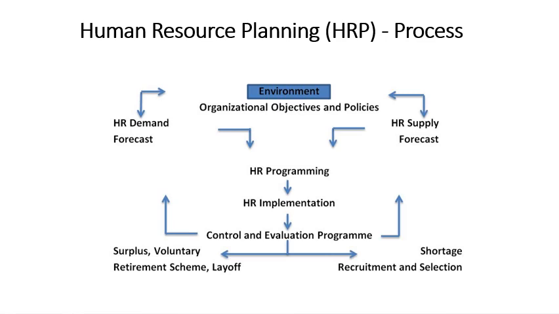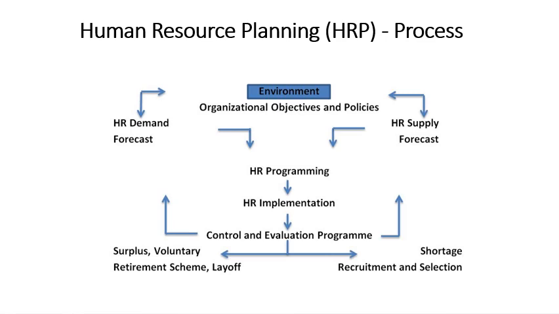What will the company do? The company will train its existing manpower for the new technology. So this is also one plan, that is the retraining plan. These are the different kinds of plans that will be decided in HR programming on the basis of shortage or surplus. So here the plans will be made.